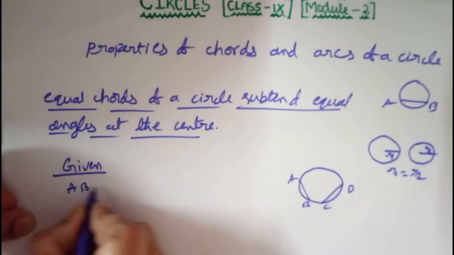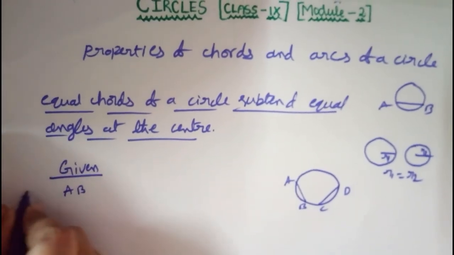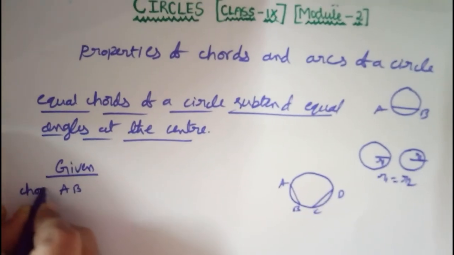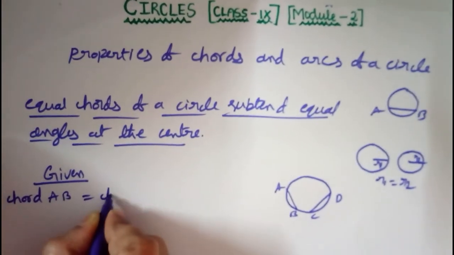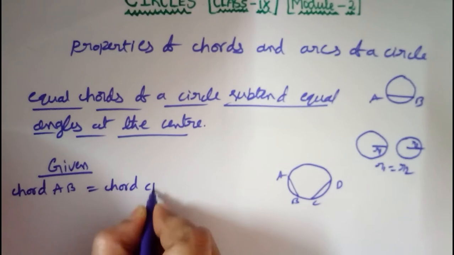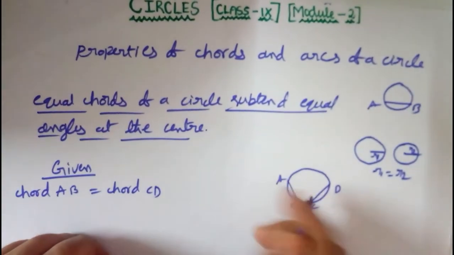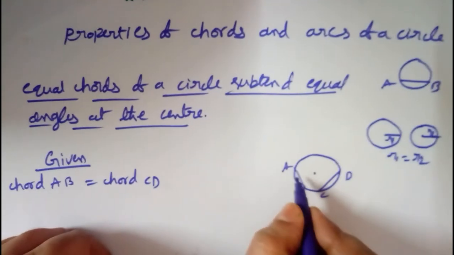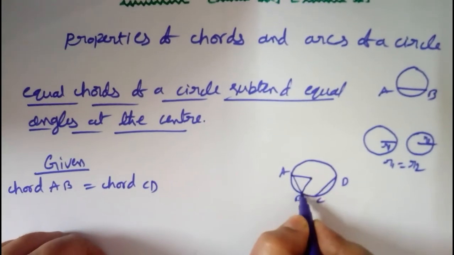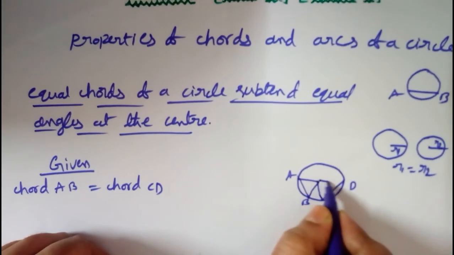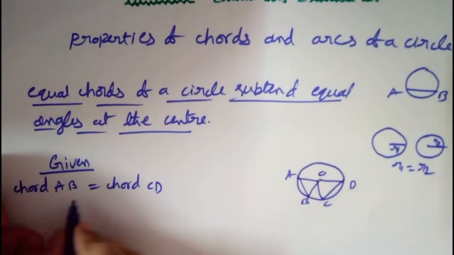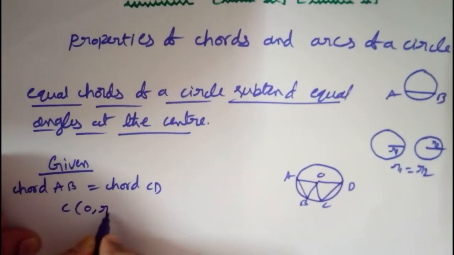Chord AB is equal to chord CD. Equal chords of a circle subtend equal angles at the center. O is the center of the circle. Given a circle with the center O, radius R units.